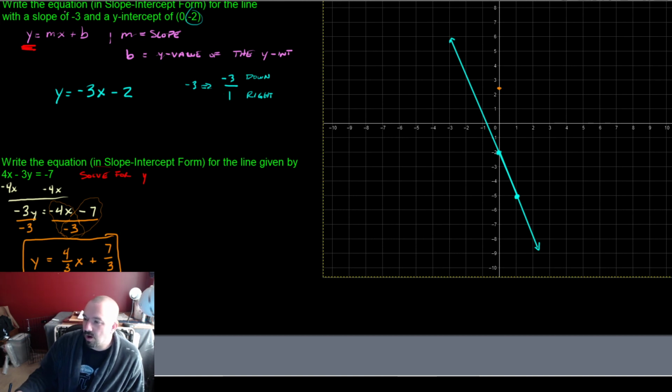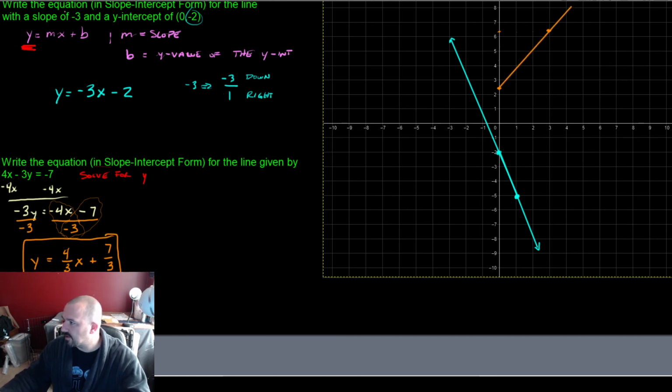And then we're going to go up 4 and over 3. So we go up 4, keeping that same relative position: 1, 2, 3, 4. And then we go over 3: 1, 2, 3. So it's about right there. So going from 2 1/3 up to 6 1/3. And then again, just connect the dots, sing the song.